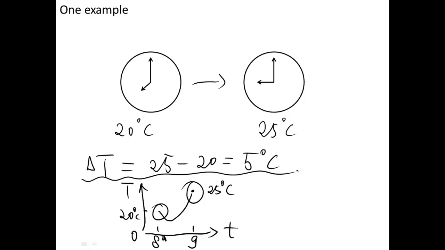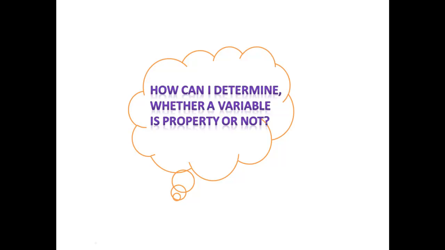Right? So the conclusion that each property is a point function provides us an approach to determine whether a variable is a property or not. How can I determine whether a variable is a property or not?